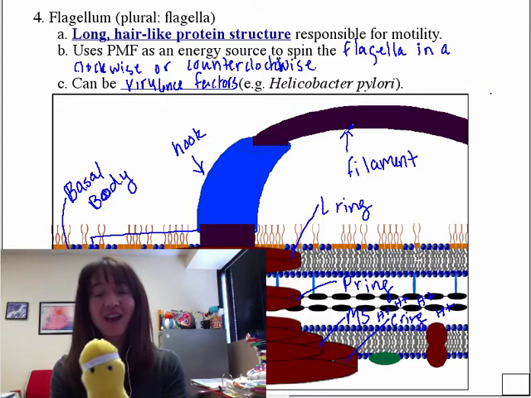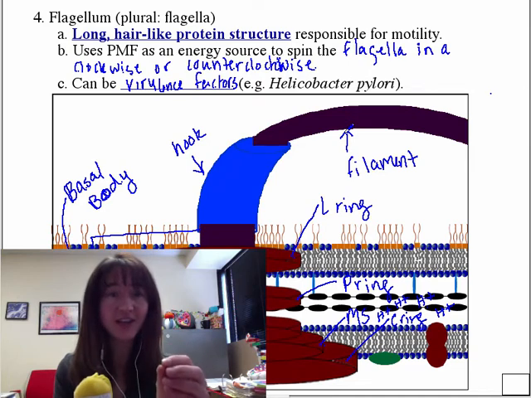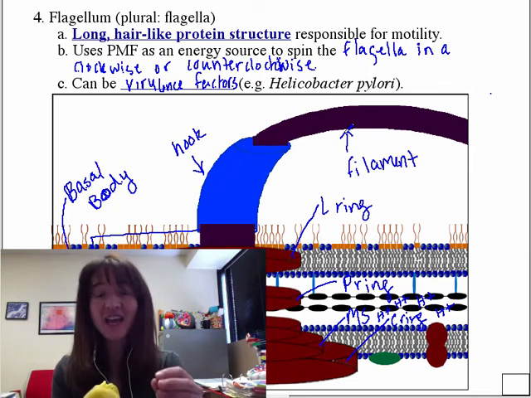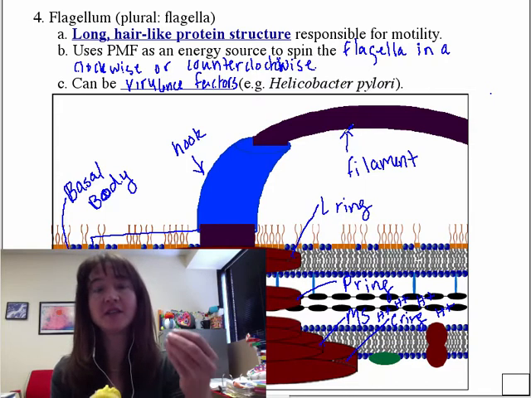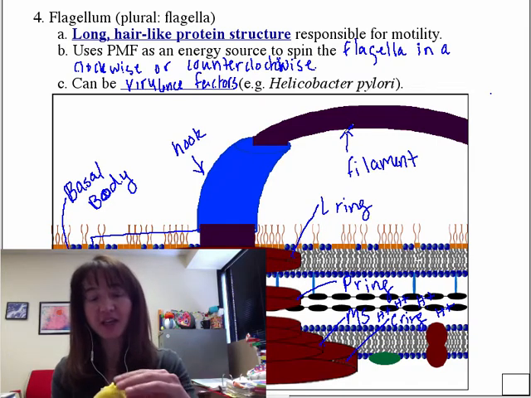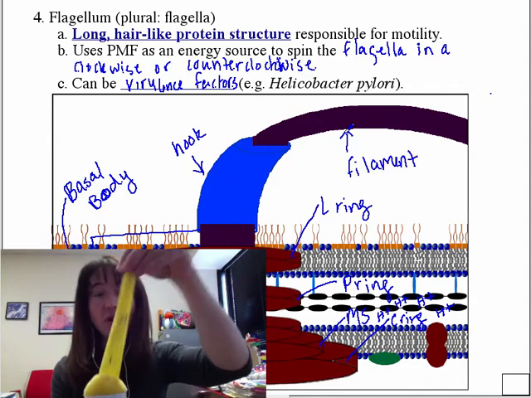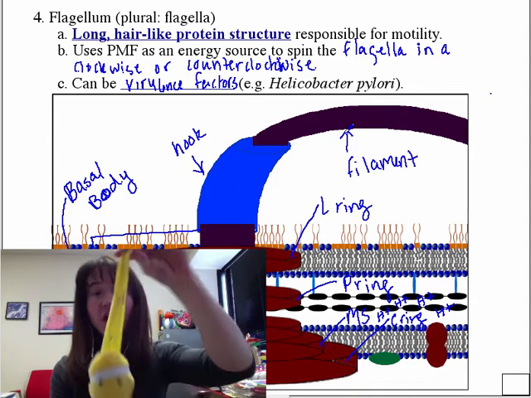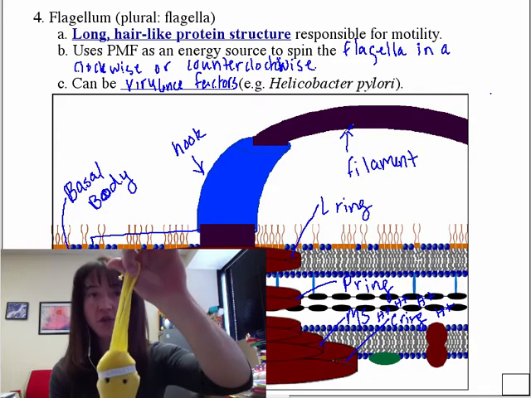But in any case, Helicobacter pylori is, maybe it's a misunderstood gangster, because in fact it can cause peptic ulcers. We know that a part of what it does is contribute to the development or the disease presentation of peptic ulcers. And one of the ways that it does that is because it has what we call lophotrichous flagella. So check out this mohawk, but in fact these are a tuft of flagella at one end of the cell, lophotrichous.